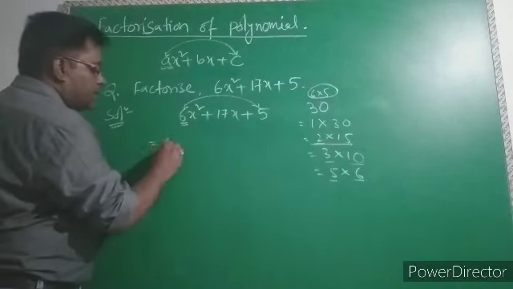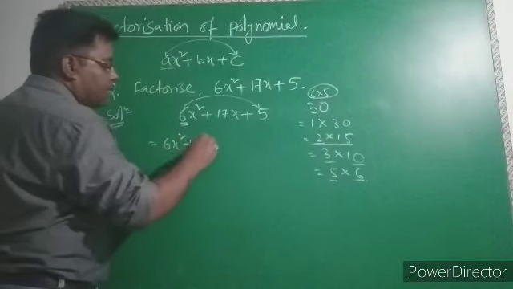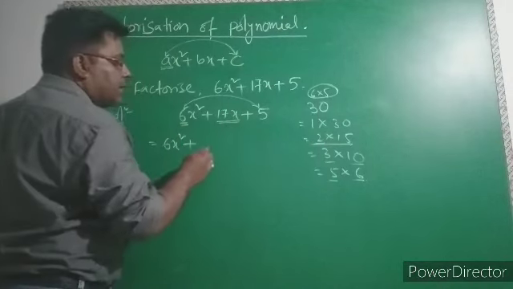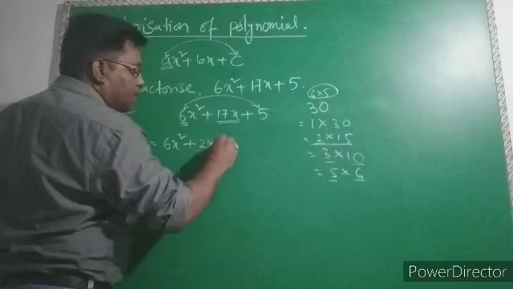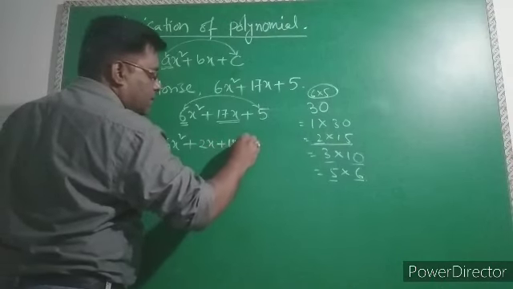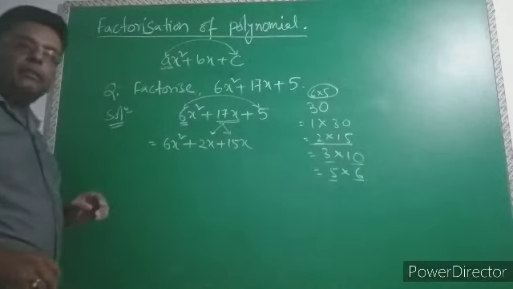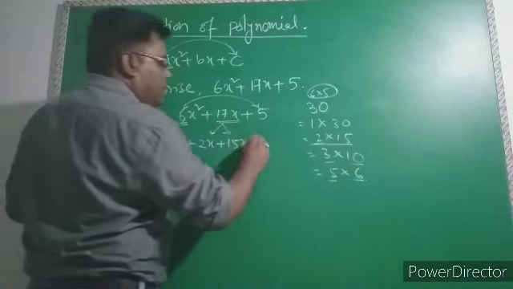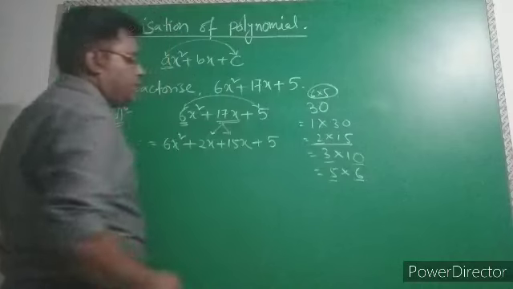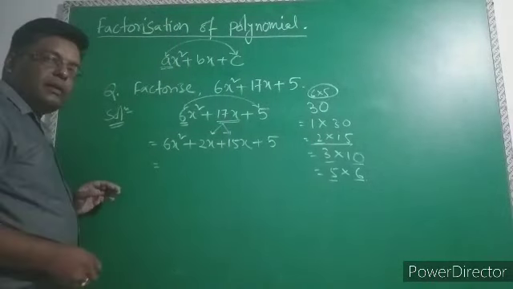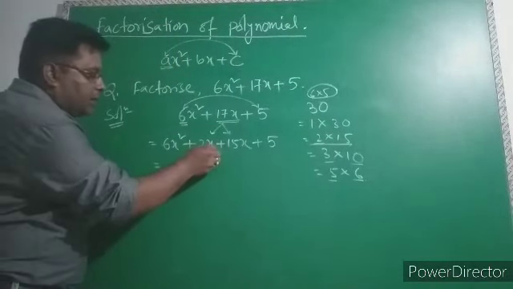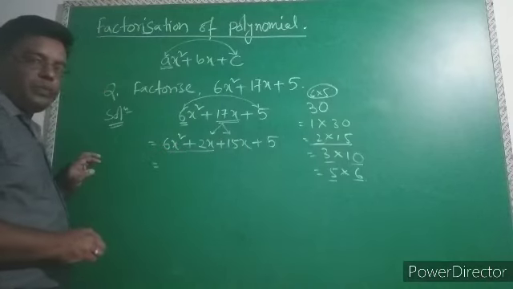So write 6x square plus this 17x can be written as 2x plus 15x. That is, we split this middle term into two terms, plus 5. Now, same as the above process, we have to take common from these two.